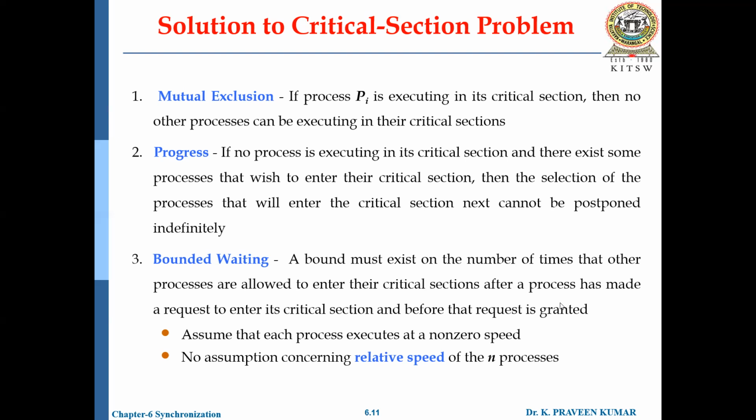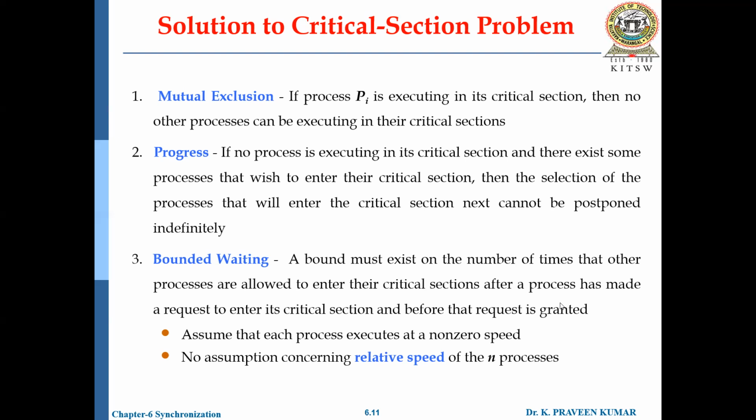Simply put, if the CPU is idle and a process is ready to execute its critical section, it will be allowed to enter the CPU in a progressive way. Whatever waiting process is there can be given the critical section immediately, and that cannot be postponed. That is progress.